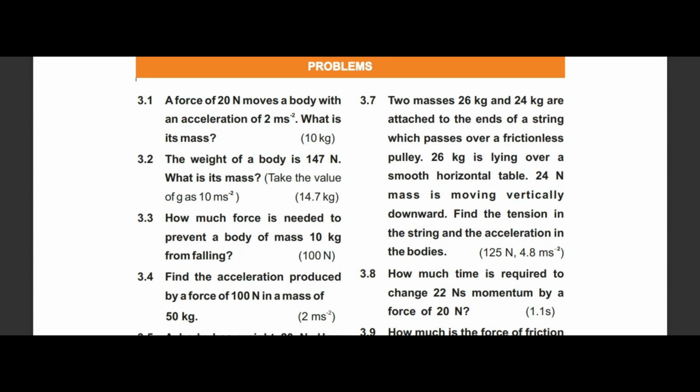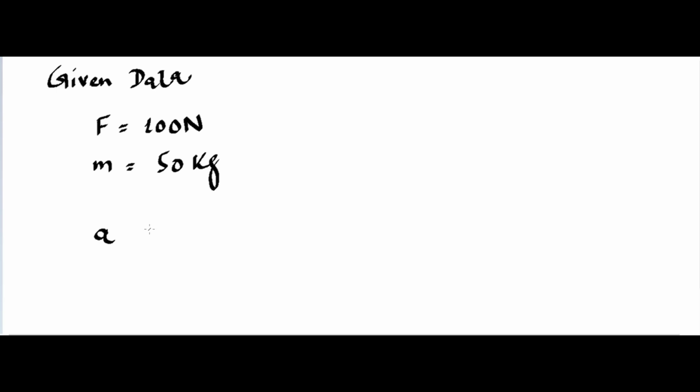Find the acceleration produced by force of 100 Newton in a mass of 50 kg. In the given data, the force is 100 Newton and the mass of the object is 50 kg. We need to find the acceleration produced in it. So we have to use Newton's second law, F is equals to ma.